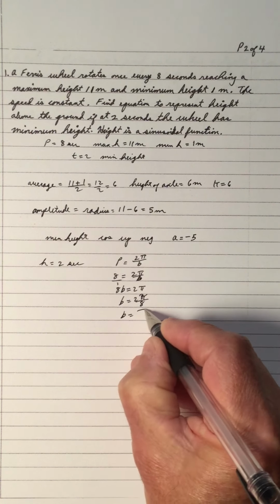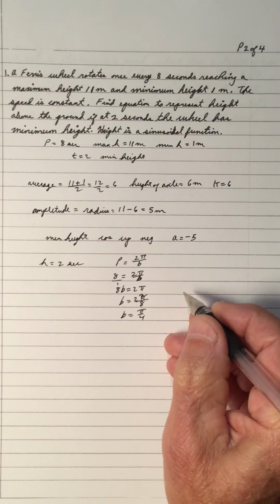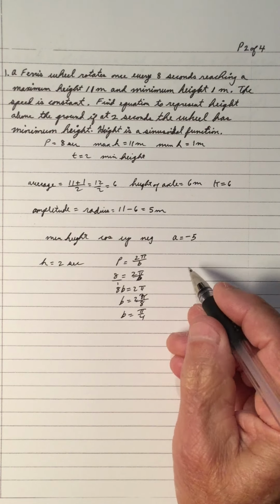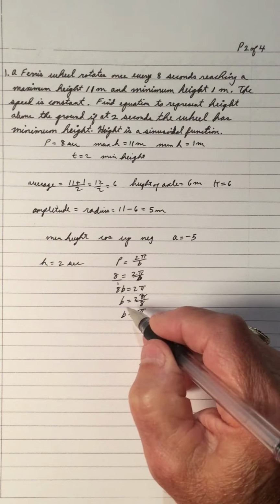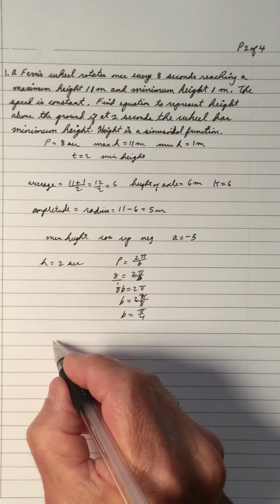So B is pi over 4. So we have A, we have B, we have H, and we have K. So we have the equation.